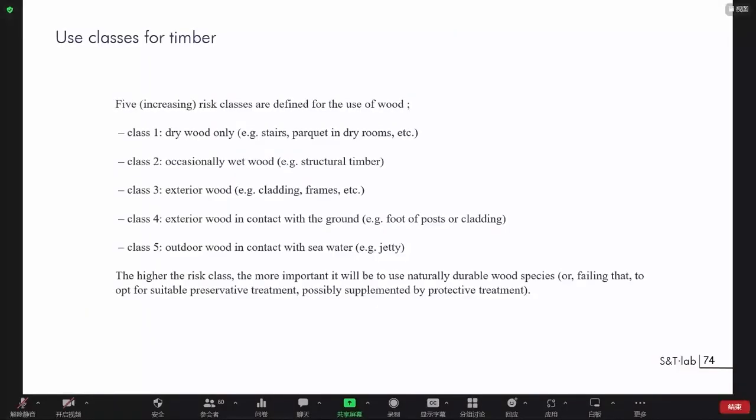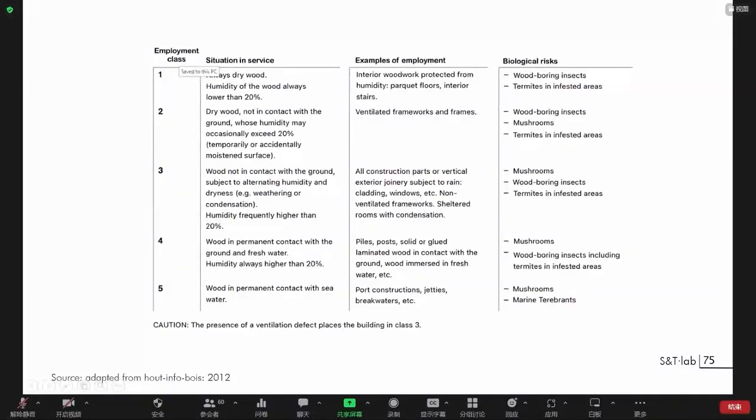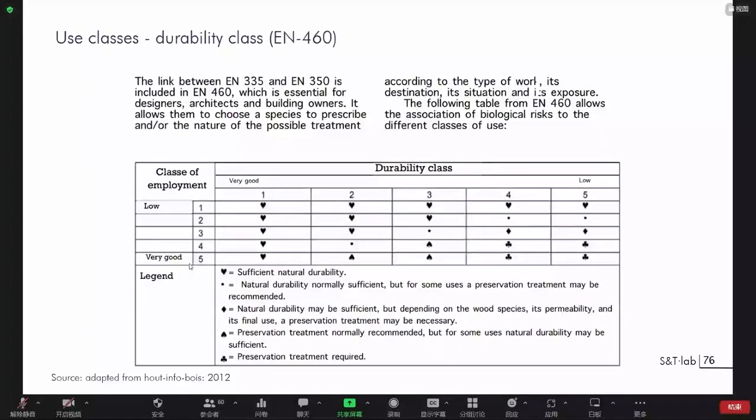But what's important is that there are use classes: dry wood only, or wood that would be in seawater, or in contact with the ground, or interior, and so on. I won't enter into the detail of this. You can match the durability class of timber that we have seen before with a class of use that could be developed in timber, and that's a way to guarantee the good standing characteristic of timber.